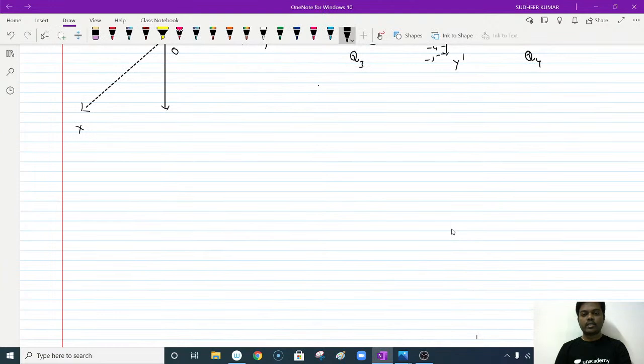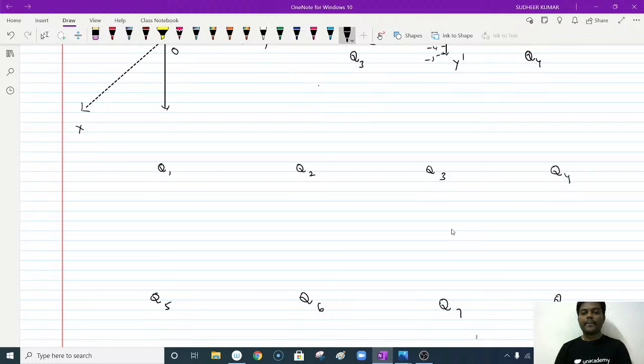So in these 8 quadrants, let us take this is Q1, Q2, Q3 and Q4. Here it is Q5, Q6, Q7, Q8.